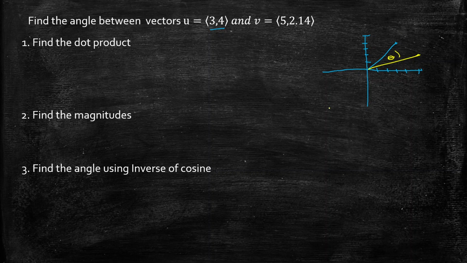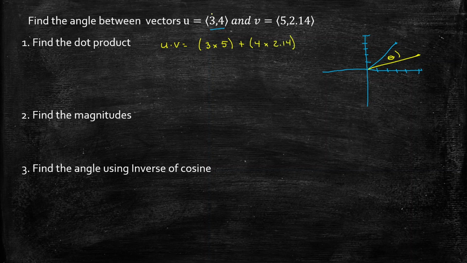Well, first thing I need to do is find the dot product. So the dot product is, remember, it's just a number, right? It takes 3 times 5. It's the x's. So u dot v is 3 times 5 plus 4 times 2.14.